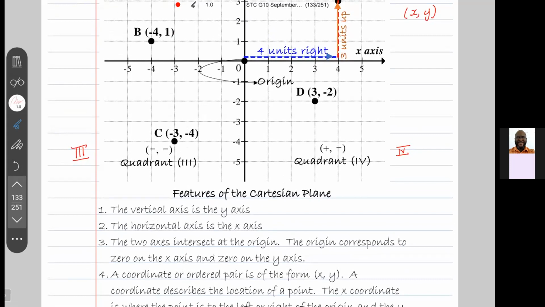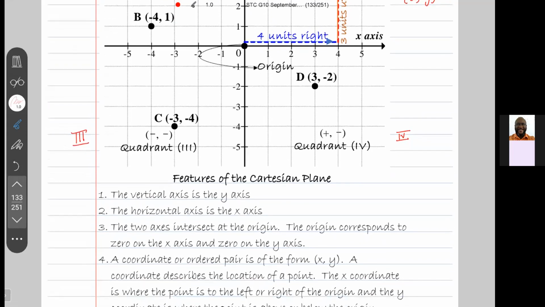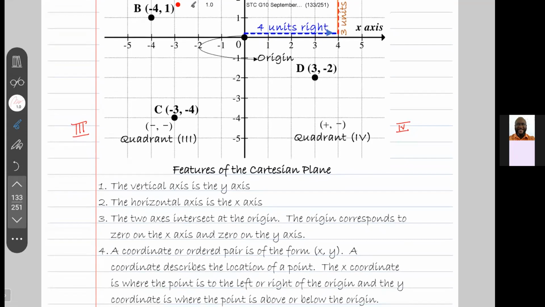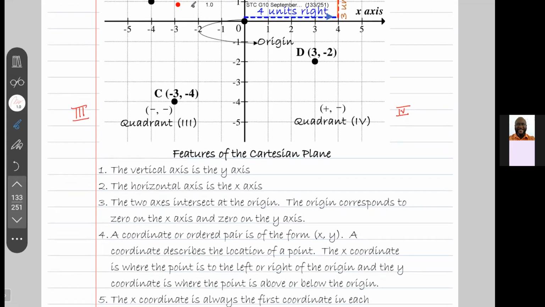Guys, a coordinate or an ordered pair is of the form (x, y). A coordinate describes the location of a point. The x coordinate is where the point is to the left or right of the origin, and the y coordinate is where the point is above or below the origin.